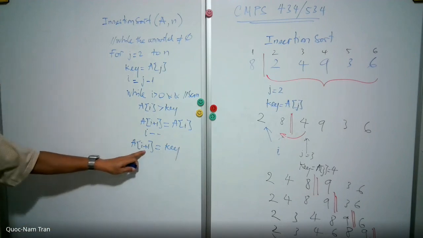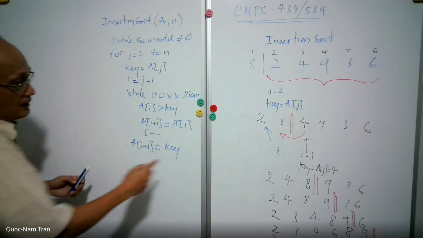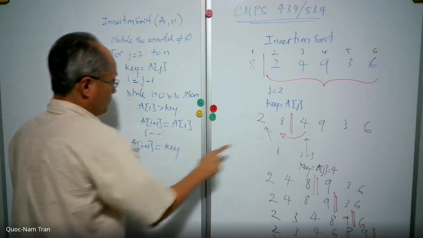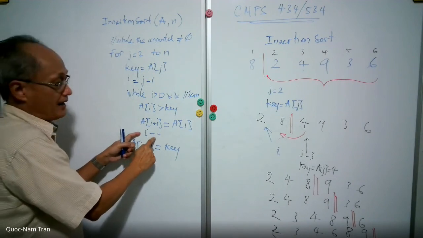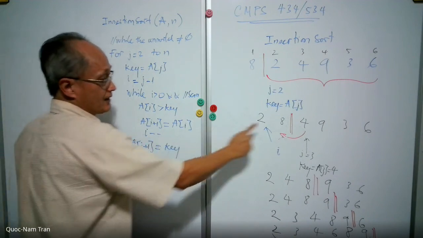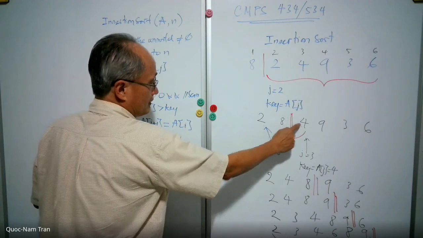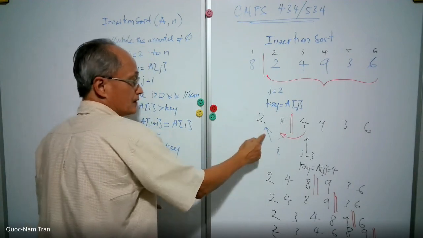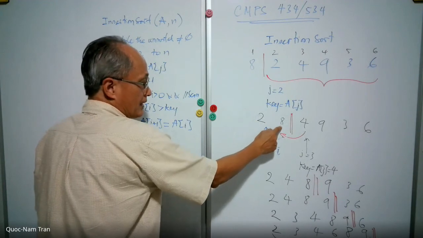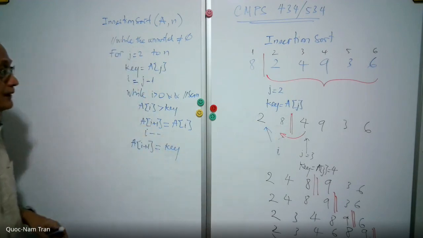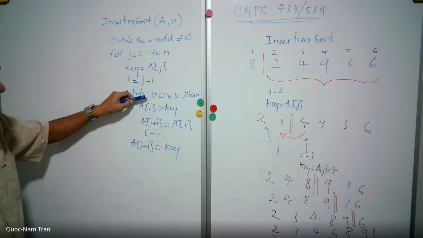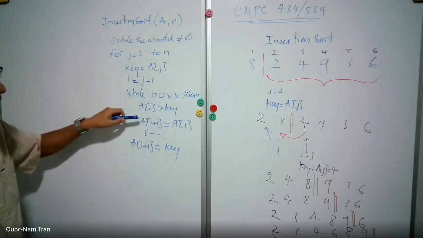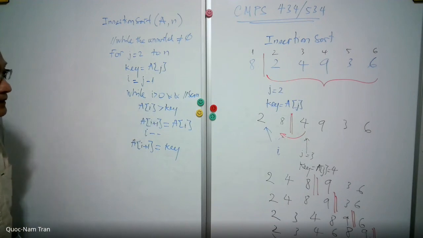Why A[i+1]? Because when we reach here, it's smaller. We don't move, but we still decrease i, right? So here is bigger, decrease it; it's bigger, decrease it. So we have to insert the 4 right at the position here. So while i is greater than 0 and A[i] is greater than the key, then we move and we decrease.